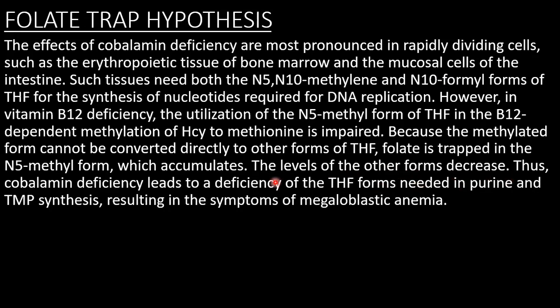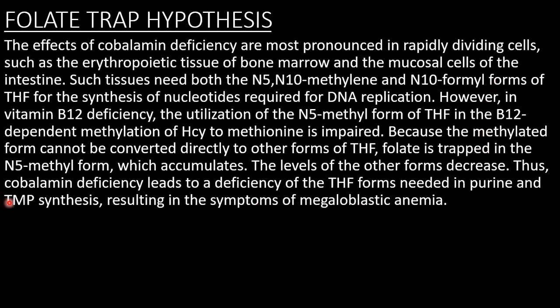Thus, during cobalamin deficiency there will be a deficiency in these forms, and these forms are required in purine synthesis. Purine synthesis requires N10-formyl tetrahydrofolate in reaction number 3 and reaction number 10, the GAR formyltransferase reaction and the AICAR formyltransferase reaction.